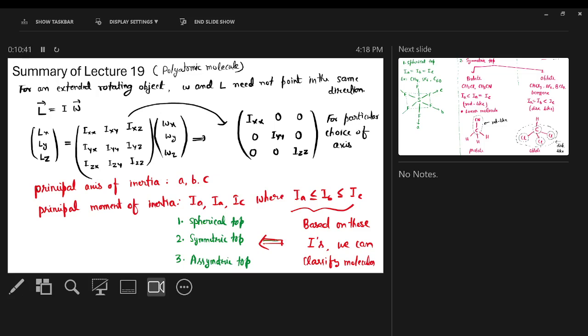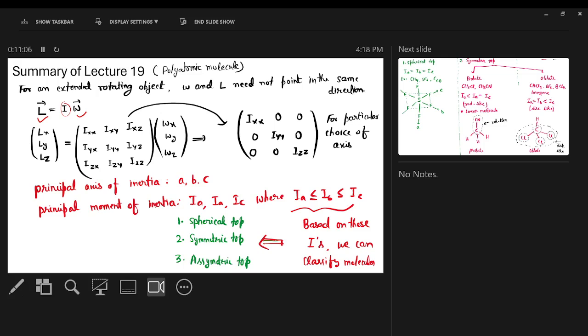So in that case we can define angular momentum L as I omega. Here L and omega are vector quantities, and this I tensor is not a vector quantity. It is like a matrix, a 3 by 3 matrix.